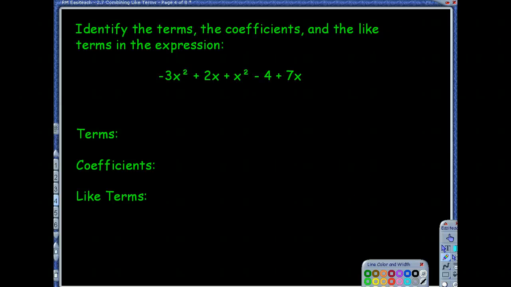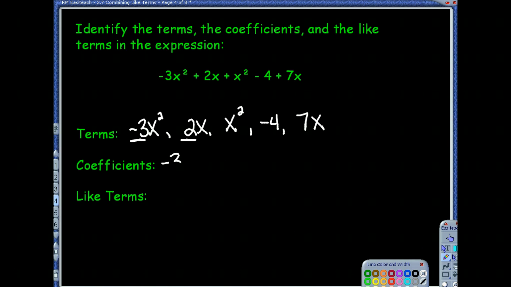The terms here, we have a negative 3x squared, a 2x, an x squared, a negative 4, and a 7x. Those are each of my terms. The coefficients are going to be the numbers that are being multiplied by the variables. So looking, we've got a negative 3 in front of the x squared, a 2 in front of our x. Again, here's that imaginary 1. That's not really imaginary. It's there.